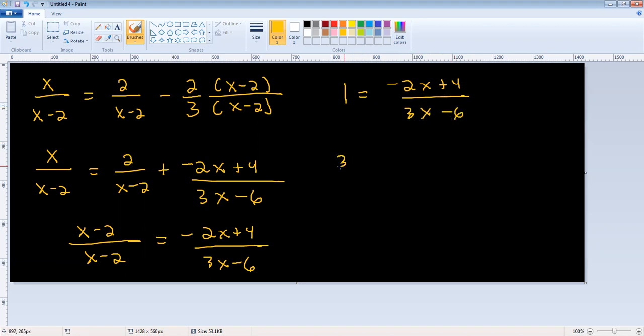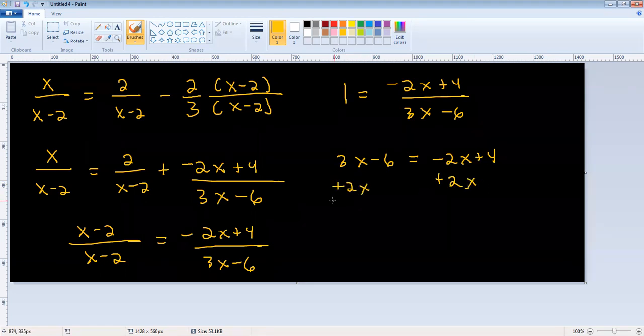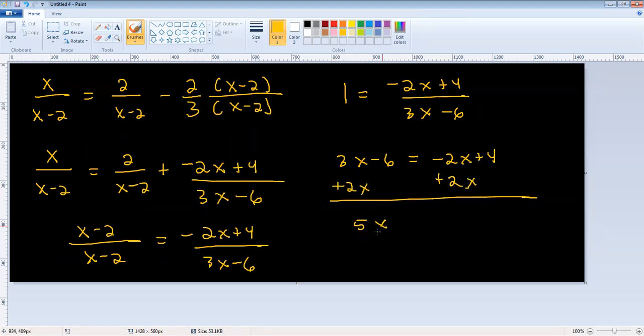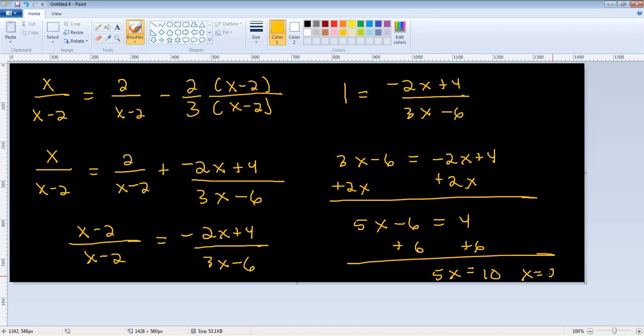And then we can cross multiply. So 3x minus 6 is equal to negative 2x plus 4. And then we can add 2x to both sides. So we have 5x minus 6 is equal to 4. And we can add 6. So this is 5x is equal to 10, which means x is equal to 2 at the end of the day.